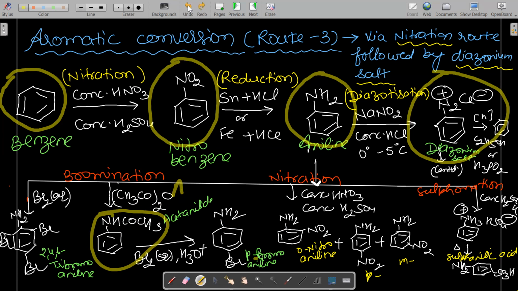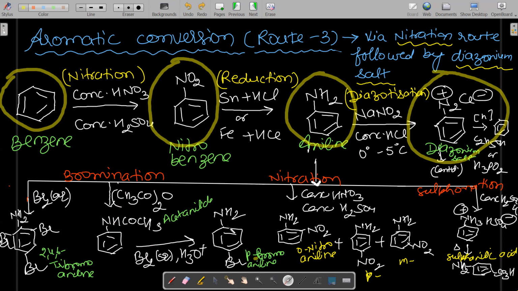So remember this: for conversion from aniline to para-bromoaniline, we always have to go via two steps. The first step is acetylation of aniline to form acetanilide, and this acetanilide further reacts with bromine to form para-bromoaniline.